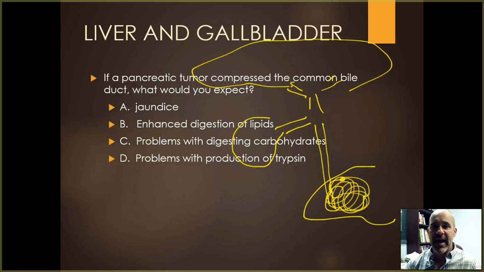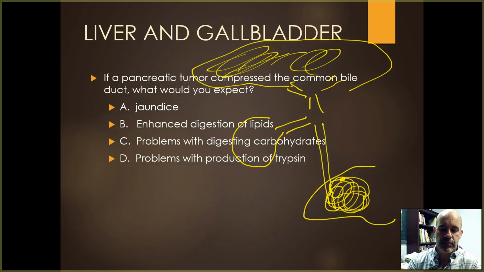Guess what? All that bile backs up into the gallbladder and up here in the liver. And remember, bile really gets part of its name from bilirubin, that breakdown product of heme that we learned about back when we studied the blood in Unit 2.